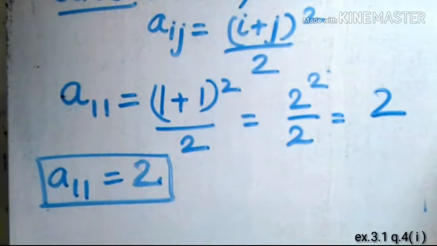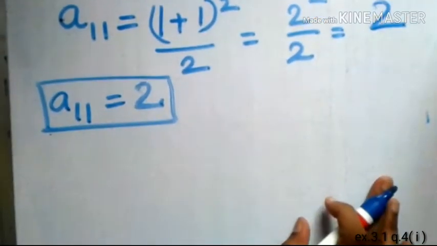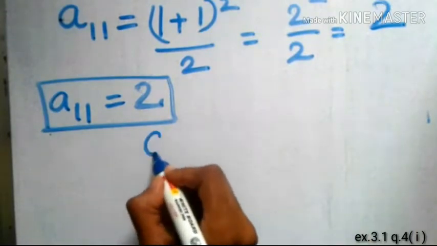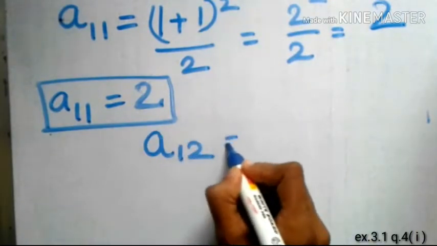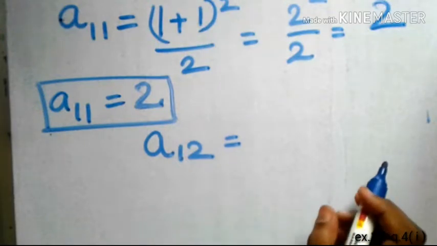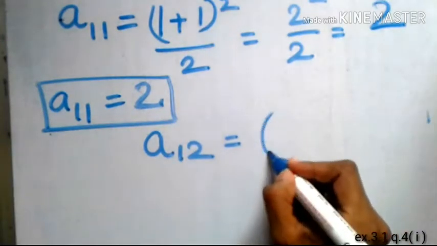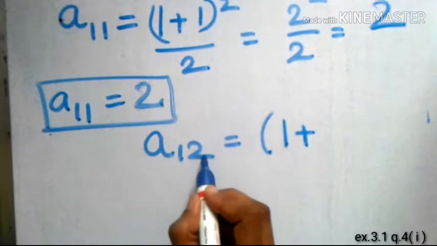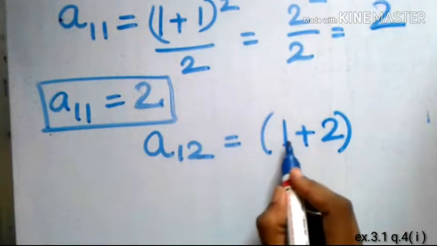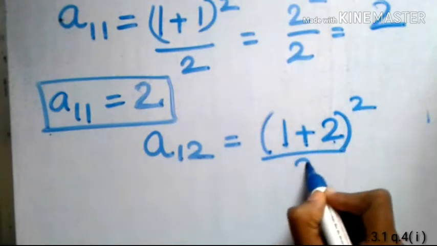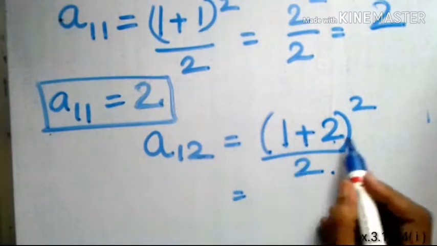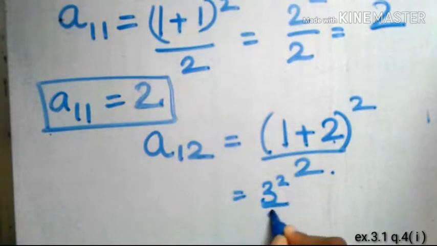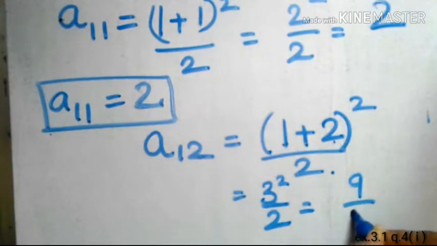Let's go to the next matrix element we have to find, which is A12. Again, substitute in the formula i plus j. So i is going to be 1 and j is going to be 2. So it's going to be (1 plus 2) the whole square divided by 2, which is 3 squared divided by 2, which is 9 by 2, and I'll just leave it as a fraction.